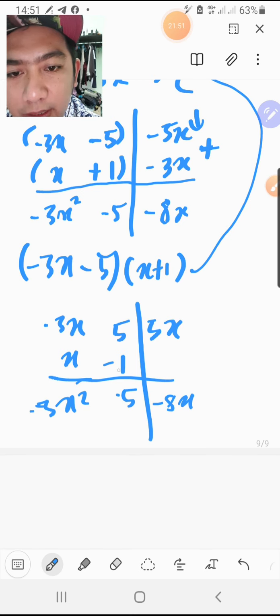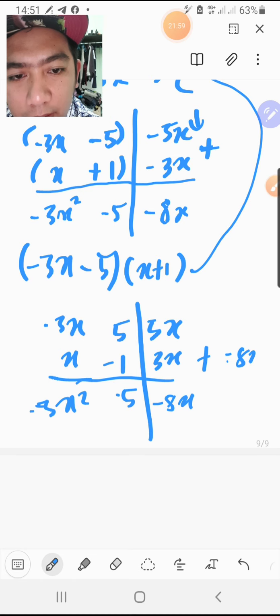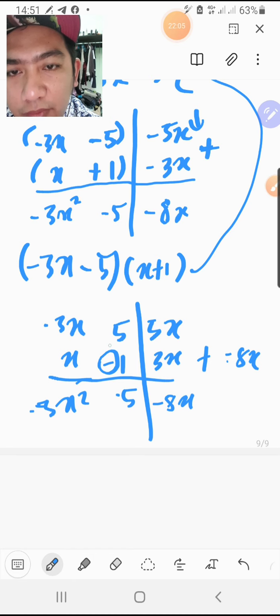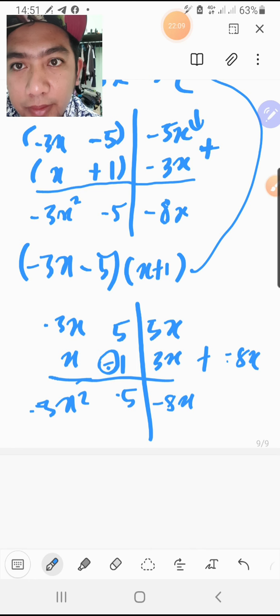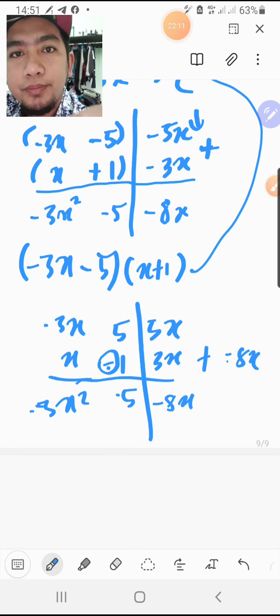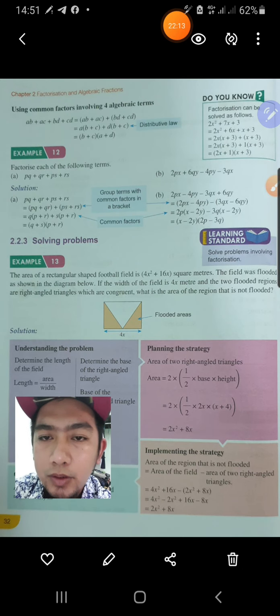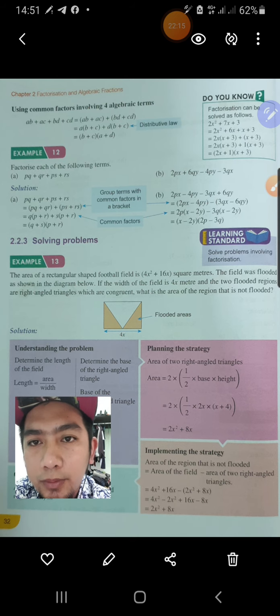Negatif 3X times negatif 1, so you akan dapat 3X. So kalau you tambah ini, 5X plus 3X, you akan dapat 8X. So you tidak dapat negatif 8X. That's why the position of this negative sign, dia kena letak dekat negatif, dekat 5. Okay, alright. So we are done for the method of cross multiplication.